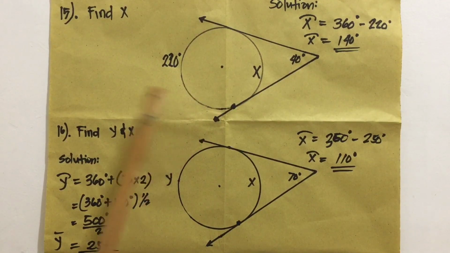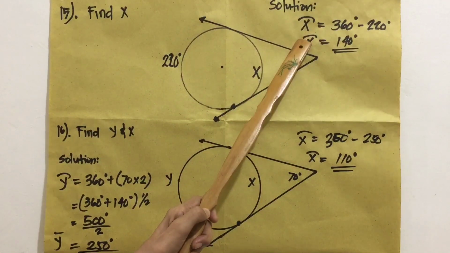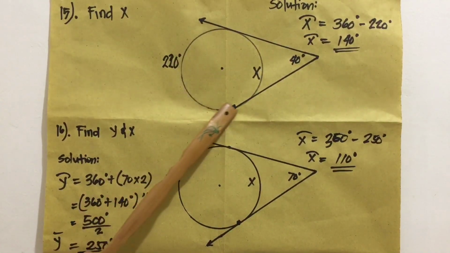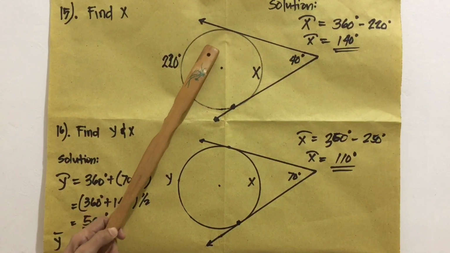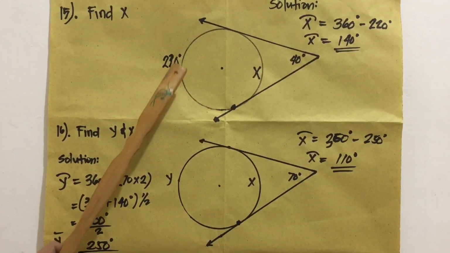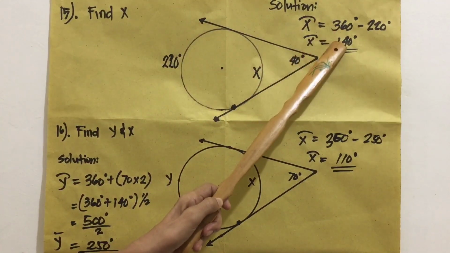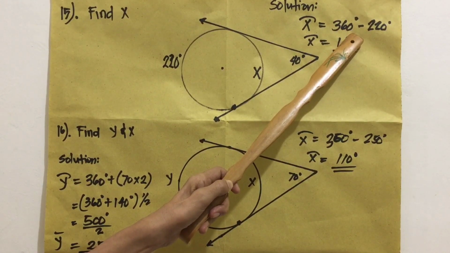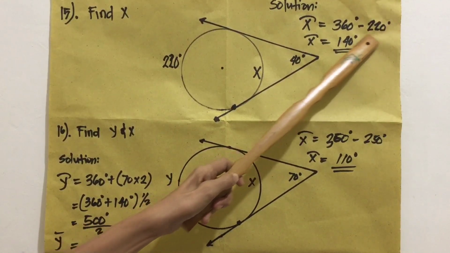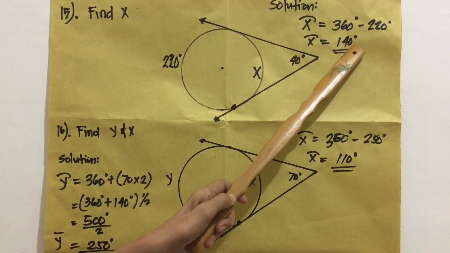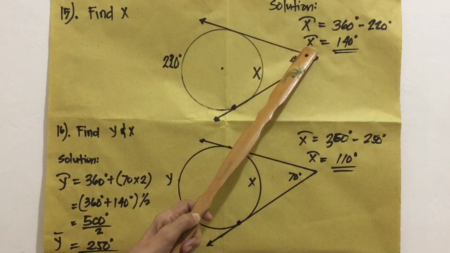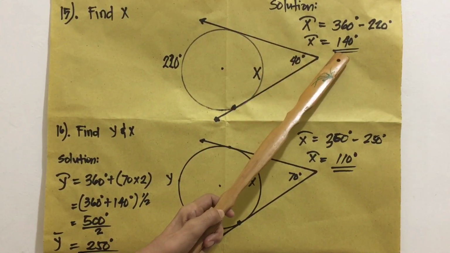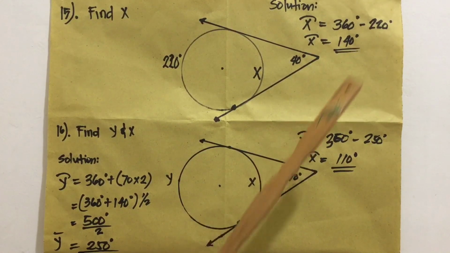So our solution, arc x equals, we get the measurement of this circle, which is 360 degrees. Then we subtract 360 degrees minus 220 degrees, so the difference is 140 degrees. So the measurement of this arc x equals 140 degrees.